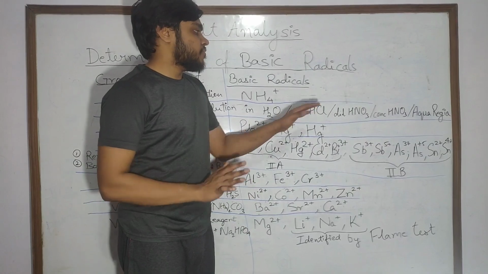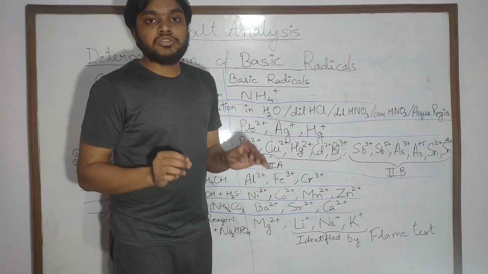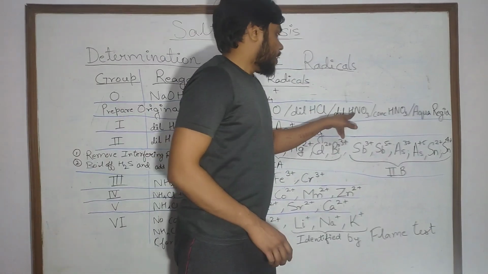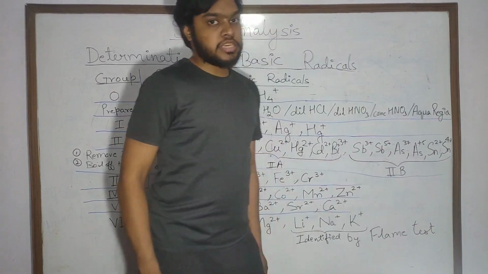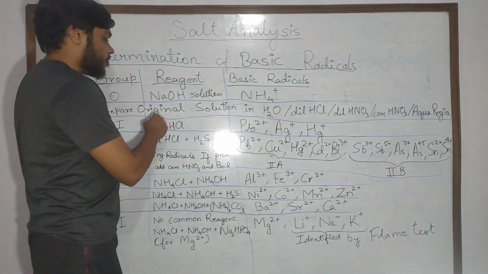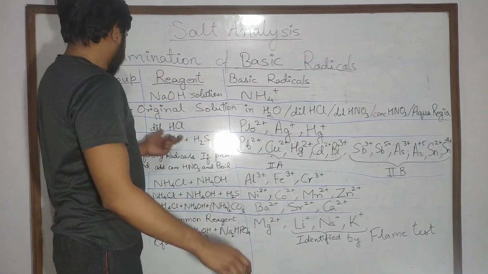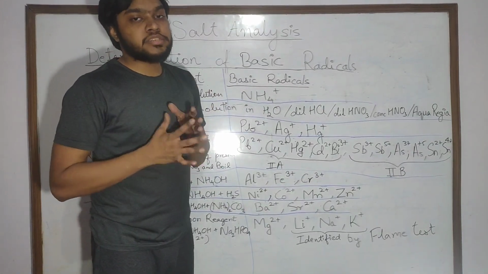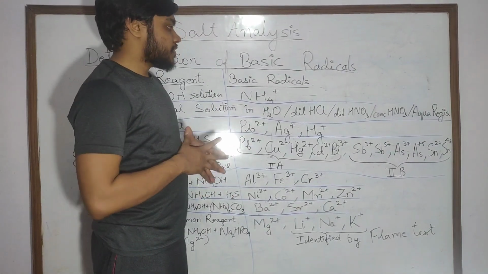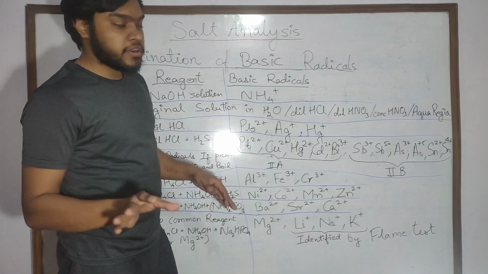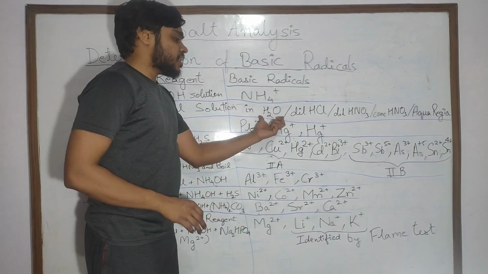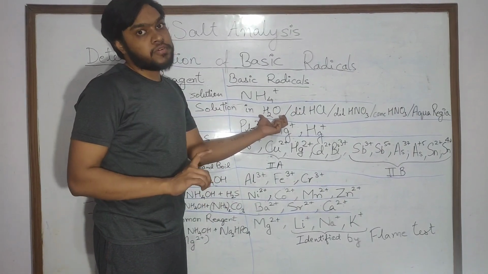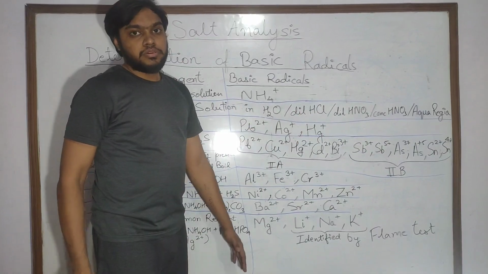But we avoid making the original solution of the salt in nitric acid and aqua regia. Why? Because when we pass hydrogen sulfide in the second group, hydrogen sulfide can get oxidized to sulfur. That's why we prefer making the original solution in water, and if it does not dissolve in water, then in dilute HCl.